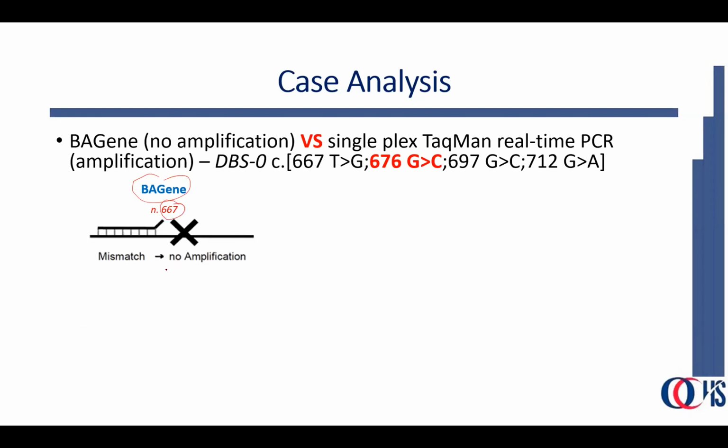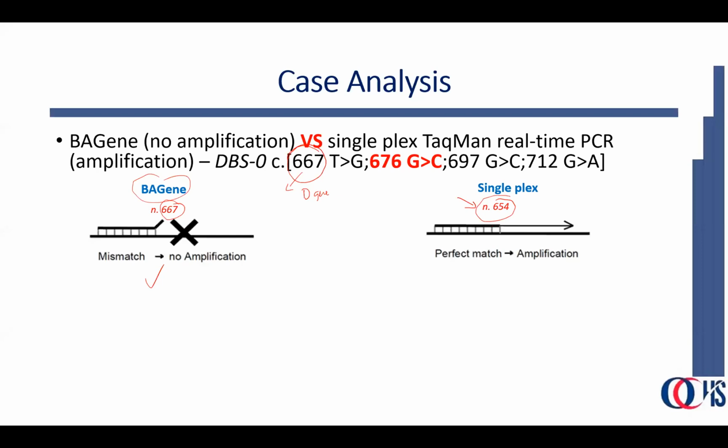And this nucleotide 667 is a place where there is a mutation, where the D gene or the exon itself is mutated, or there is a polymorphism over here. So that's why there is no amplification in this kit. We didn't find any amplification because of the mutation in the gene itself. But we used a singleplex PCR with a specific primer targeting nucleotide 654, where it successfully amplified exon 5, and that's why we got exon 5.